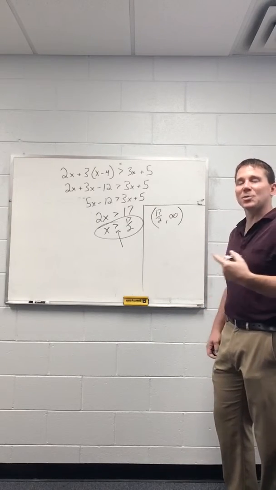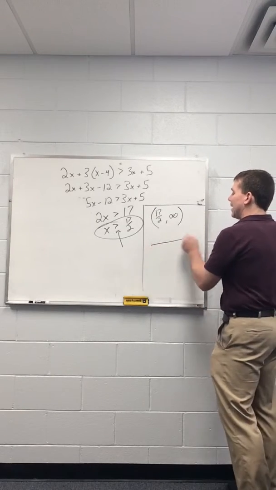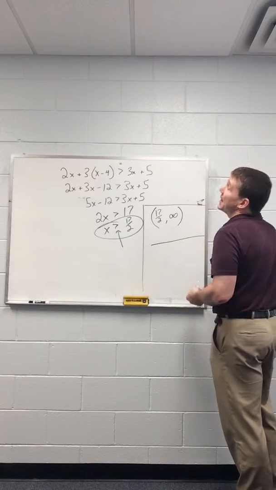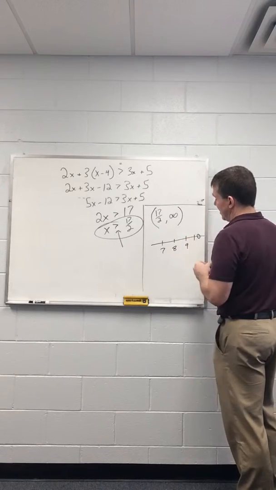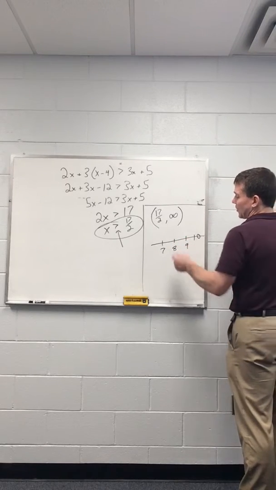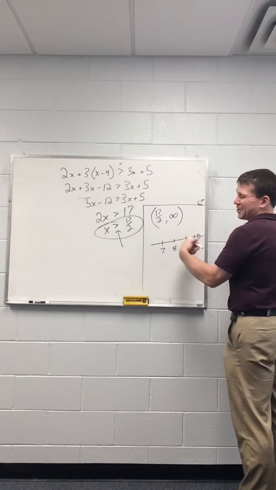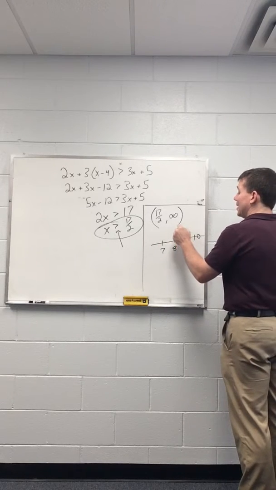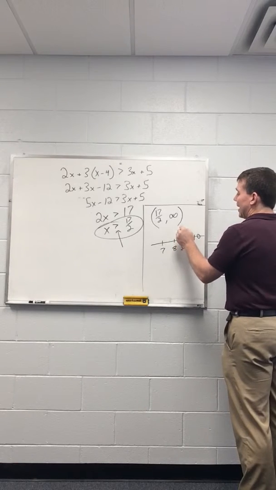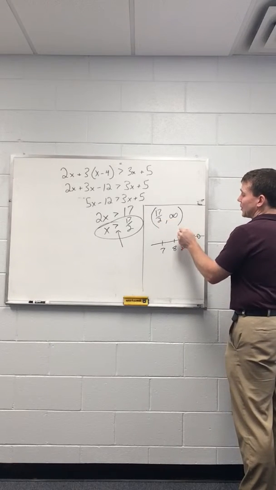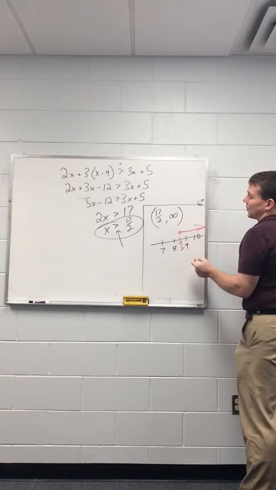You can also do this with a number line. On a number line, 17 over 2 is 8.5. So we can just do something like 7, 8, 9, 10. 17 over 2 is right here. I'm going to draw it above the number line just because the markers will get all messed up. I draw an arrow because I want all the numbers greater than 17 over 2.